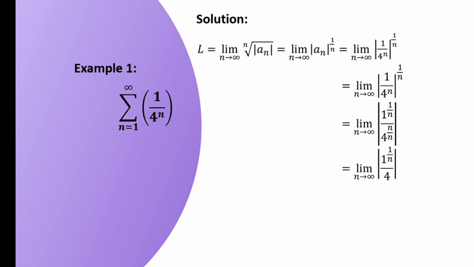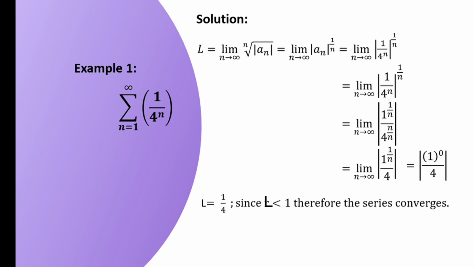So we get the absolute value of 1 to the power of 1 over n over 4, which is equal to 1 raised to 0 over 4. So we get 1 over 4. So the limit of the summation of 1 over 4 raised to n, where n is equal to 1, is 1/4. Since our limit is 1/4 and this is less than 1, therefore, the series converges.